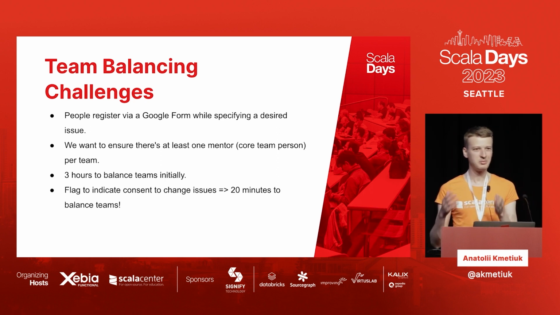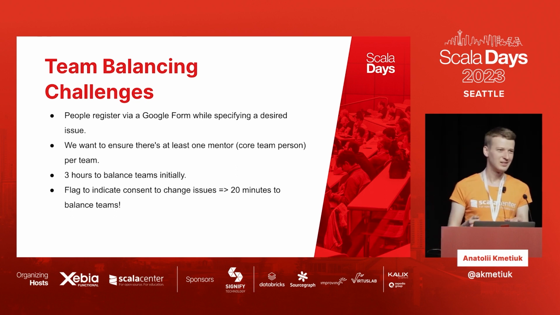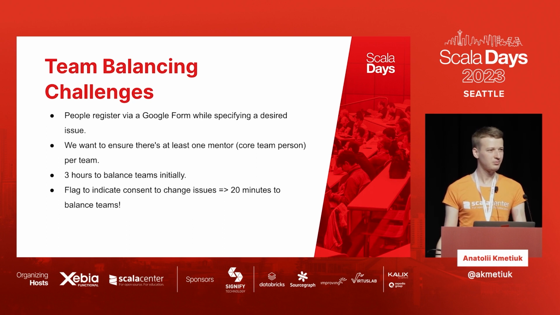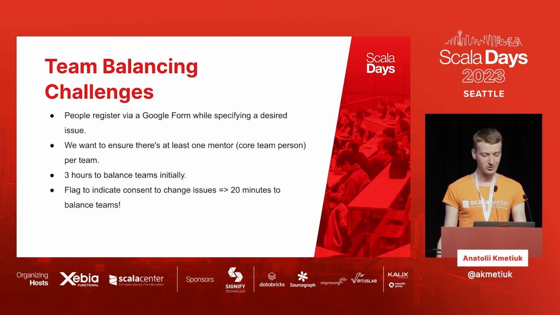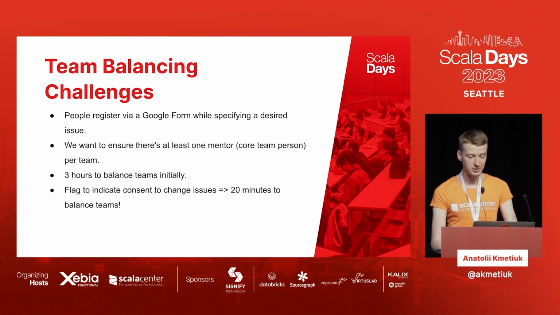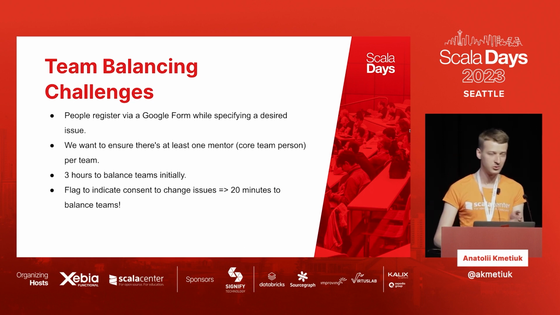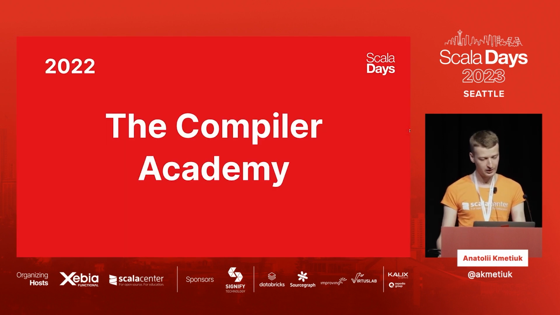So by default, people are consenting to be moved because it's more work if you need to change this flag. So if you collect the people's consent to do all the administrative moves that you need, it really helps in this kind of pipelines, because it eliminates the need to communicate with people that much more. You streamline the process more.